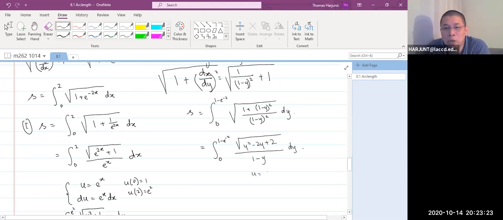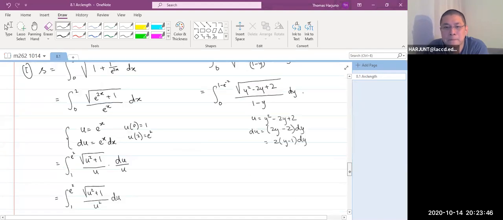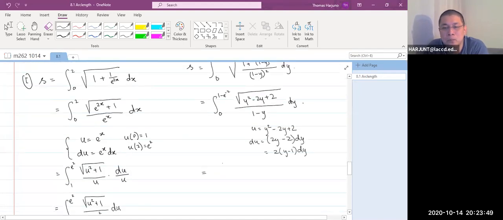Then I make u equal y squared minus 2y plus 2, such that du is 2y minus 2 dy. That's 2 times y minus 1. Integral of u to the power of 1/2. Ouch. I was expecting a nice thing. It turns out that's not that nice.